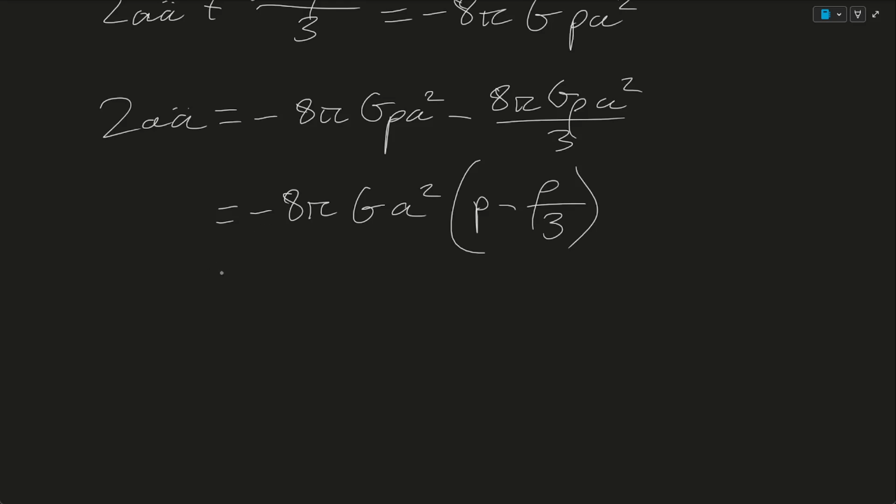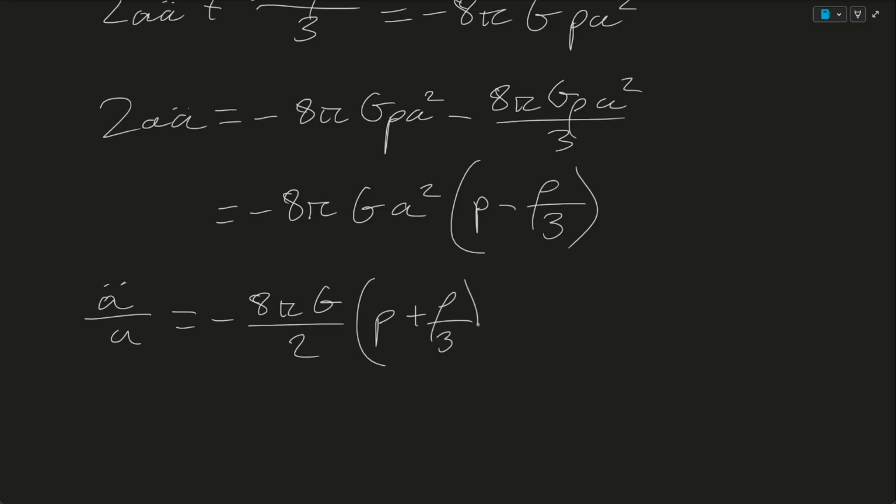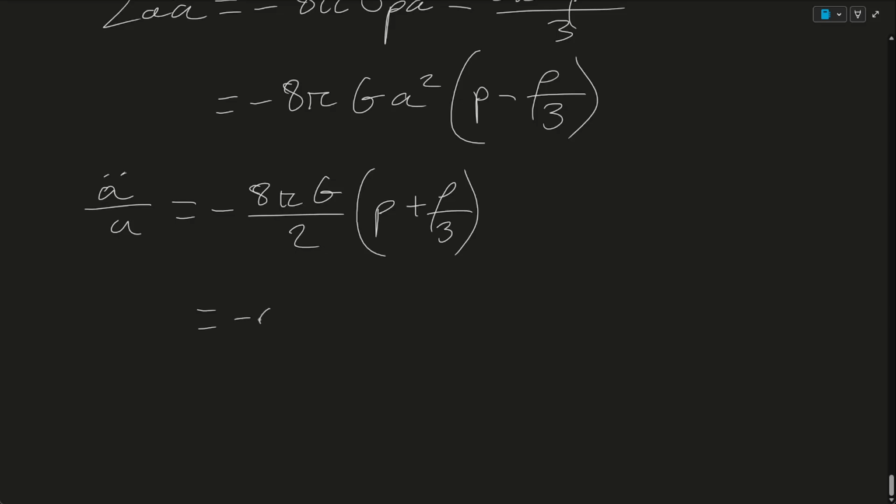And then we can divide both sides by 2a, which will give us that a double dot over a is equal to minus 4 pi G times p plus rho over 3.